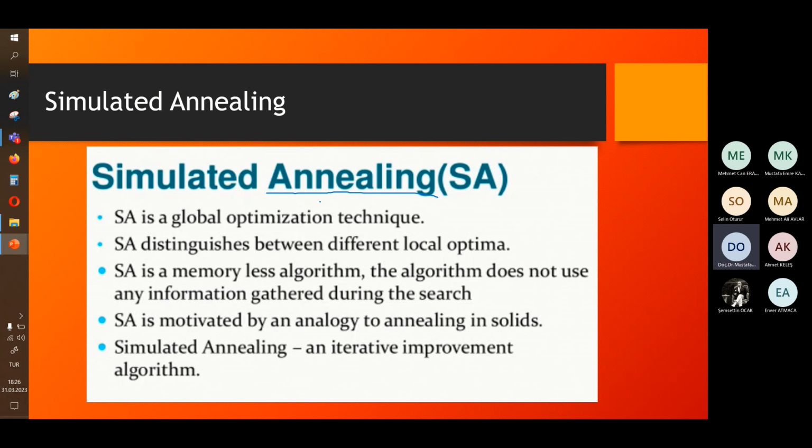And then if we put this hot iron into water, we will be cooling it down, making the iron bond with other iron atoms in a crystal manner, and this will create steel, which is stronger than iron. So that is the annealing procedure, and the idea is coming from that annealing procedure.